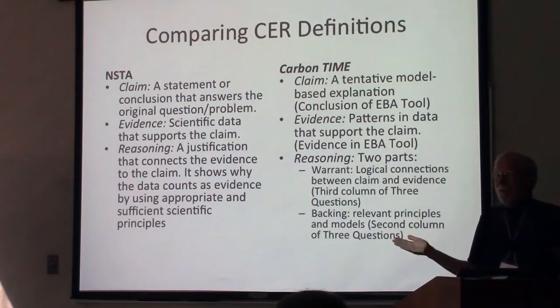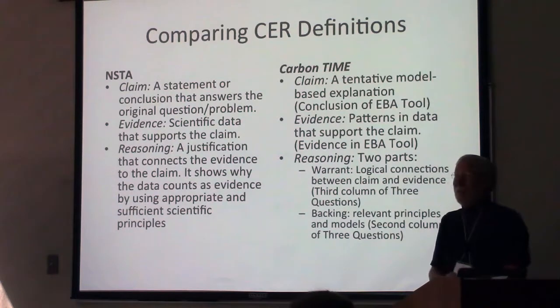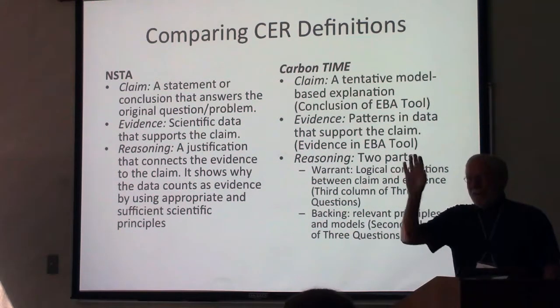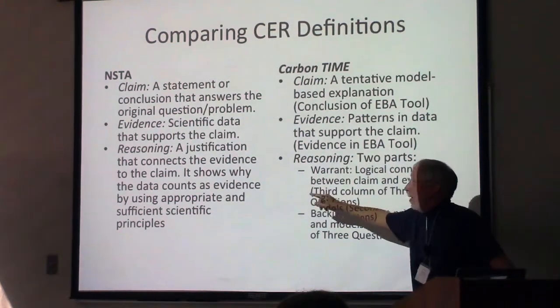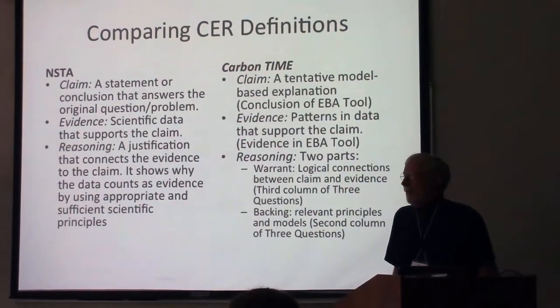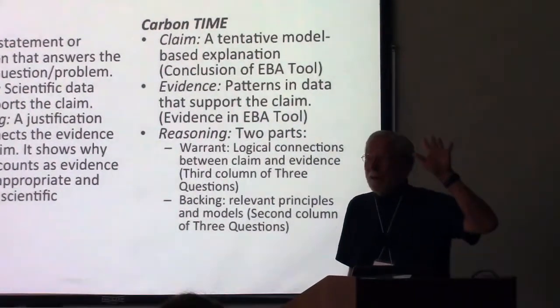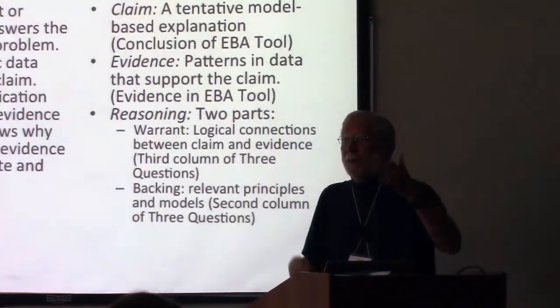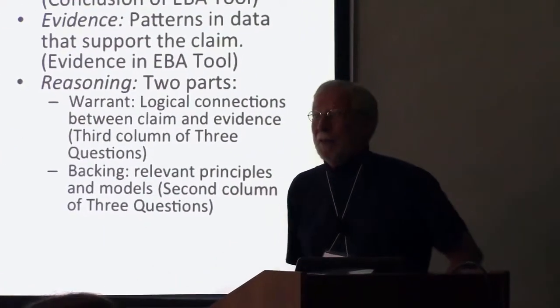How is that useful for actually identifying a claim when you've got kids trying to write claims, evidence, and reasoning? Similarly, the definitions of data, of evidence, and especially of reasoning: I think you need something more specific than that if you're going to actually help kids, coach kids, and help them get better at claims, evidence, reasoning.